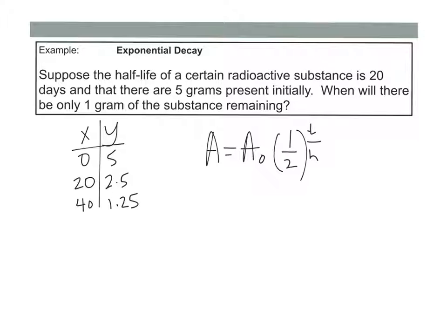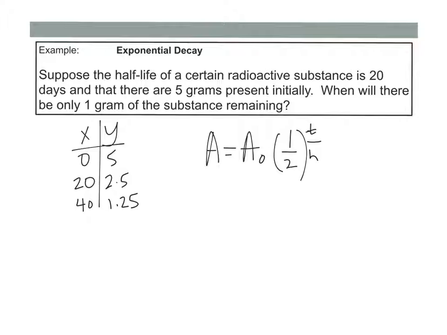I'm going to take 5, which is my initial amount, and multiply it by 1/2, and then this is the part where people usually forget. They can't remember if it's multiplication or division, and they're just trying to memorize it. But it makes sense. If it's been 60 days in total, if that's your x value, then 60 divided by 20 is 3, and it's being halved 3 times.